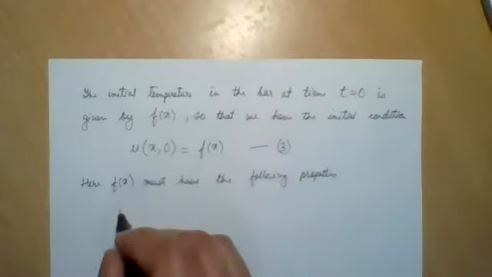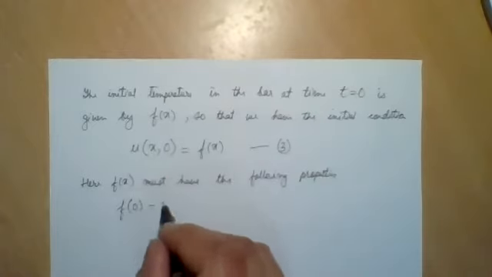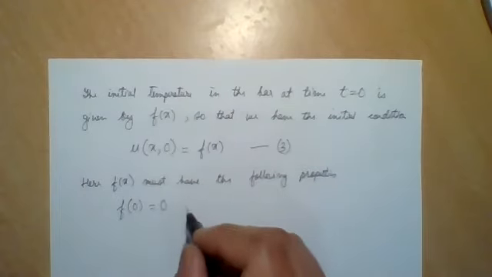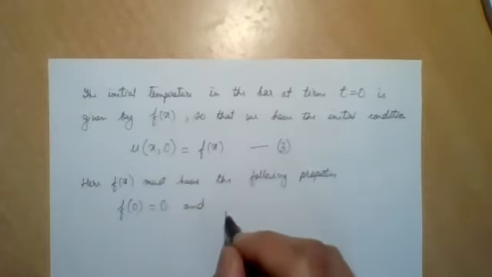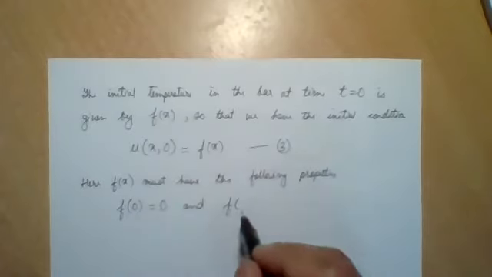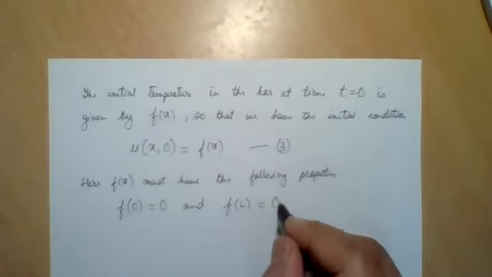That is, the value of f at x equal to 0 should be 0 because the ends of the bar are kept at 0 temperature. The first end is kept at 0 temperature, and the other end at x equal to L is also kept at 0 temperature.